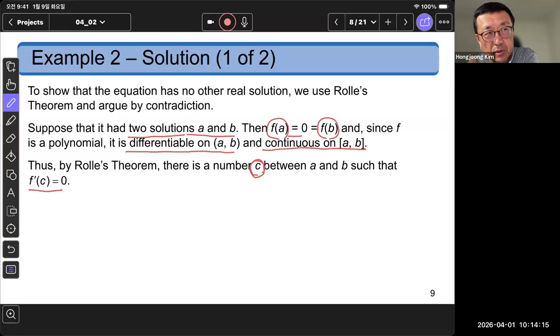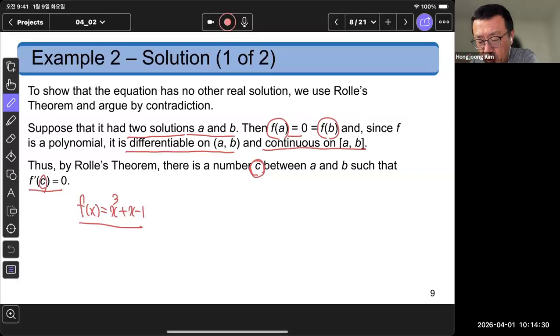So there must be such a point, right? Now what is f of x? It is x cubed plus x minus 1. If there are two solutions, then there must be c such that f prime of c equals 0.